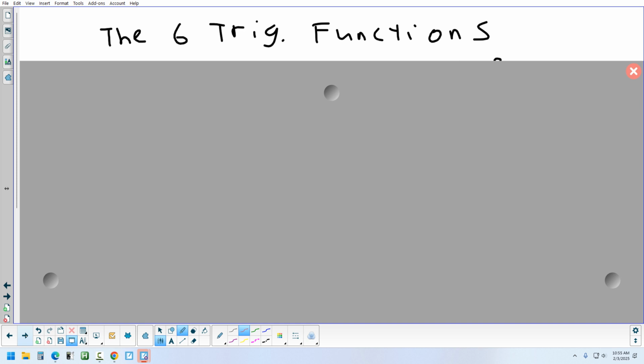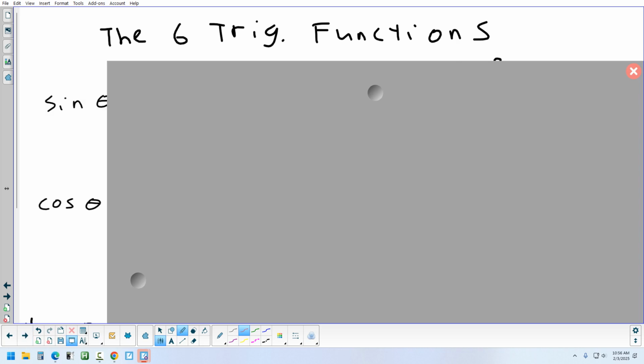So we're going to look at the 6 trig functions. We've already done them before, but this time we're going to define them in terms of a triangle. What are the first 3 trig functions? These I consider the more basic ones because we have buttons for them on the calculator. Sine, cosine, and tangent.